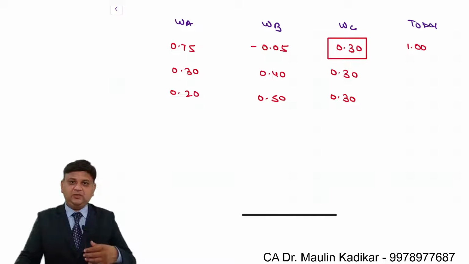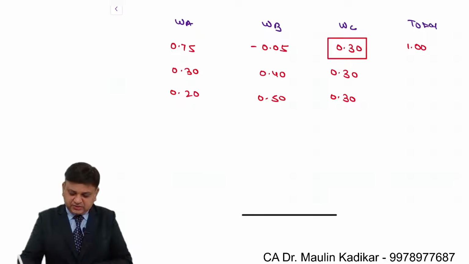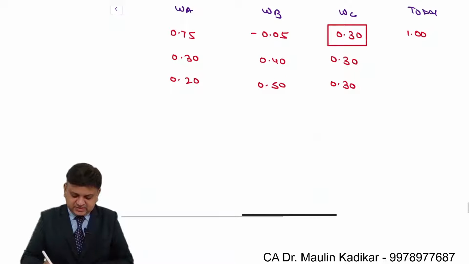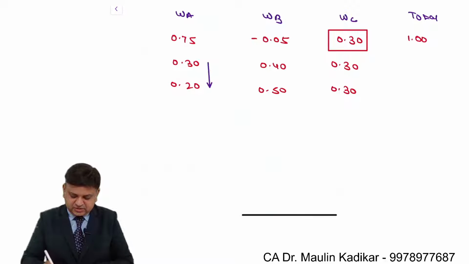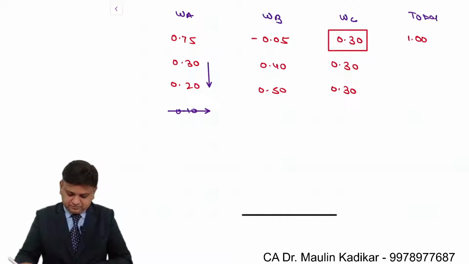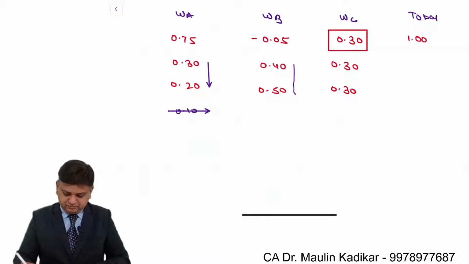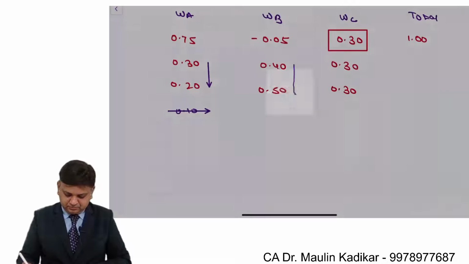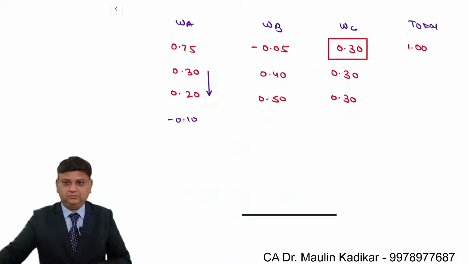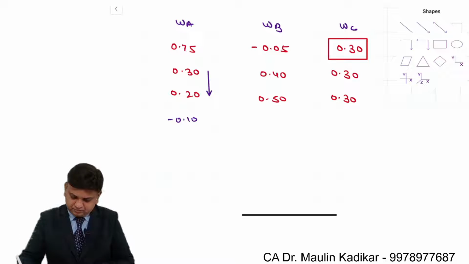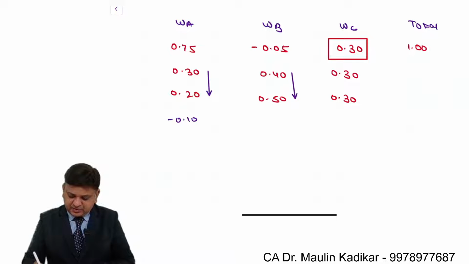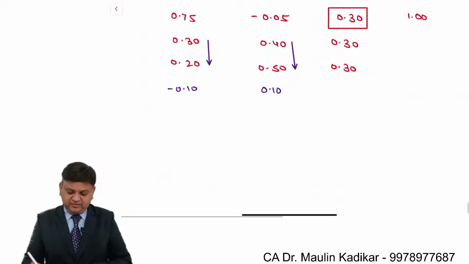Now friends, if we take into account the values which have been given to us in the question, you can once again understand like this. When the weight of A reduces by 0.10, weight of B increases by 0.10. This is the kind of relationship that we have.